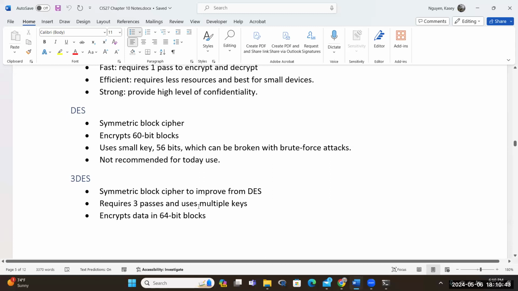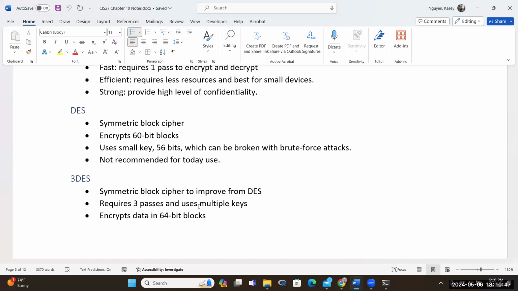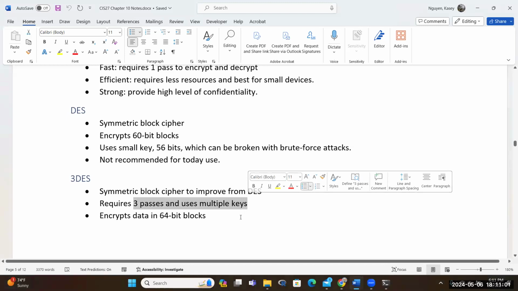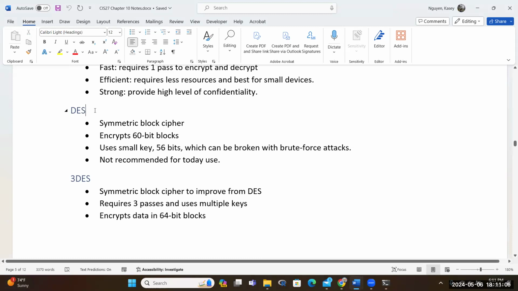So think of it like a box within a box within a box, right? In order to open what's inside the inside box, you have to open the outside box with 1 key, then the next box with another key, and the third round with the third key. So you need 3 passes with 3 different keys. That just slows down everything because DES has been jeopardized. It's not recommended for today's use, like I put, right?